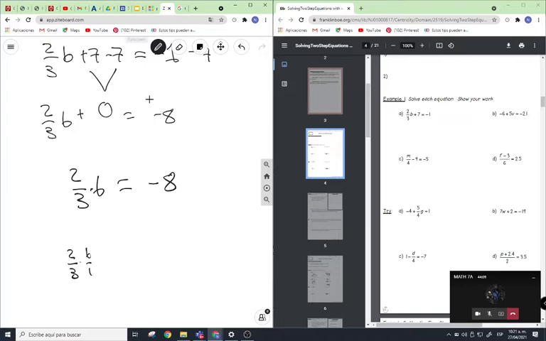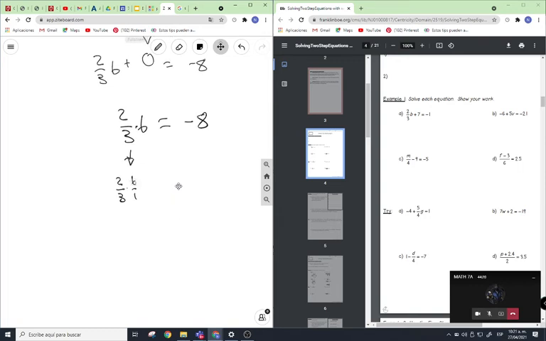Because when you have a number that is not a fraction, you put a 1 under it in order to transform it into a fraction, being able to represent it and make the operation. So 2 times b is 2b, and 3 times 1 is 3. Okay, so it's 2b over 3 equals -8.